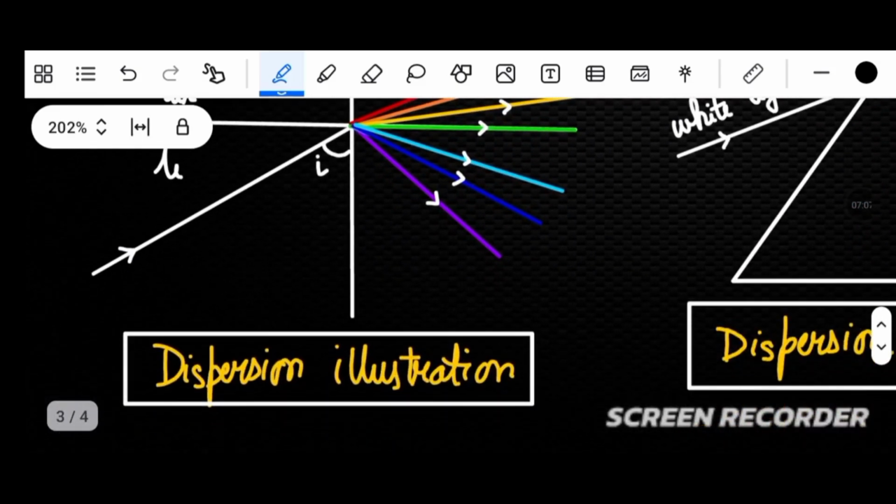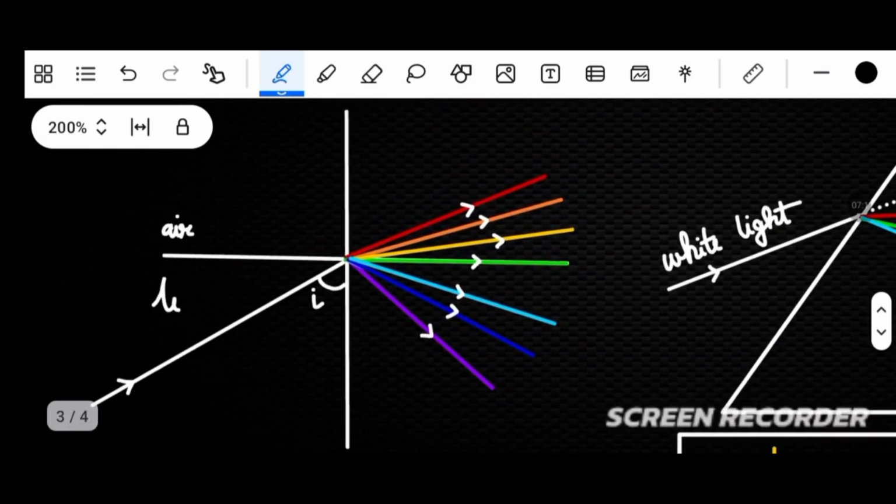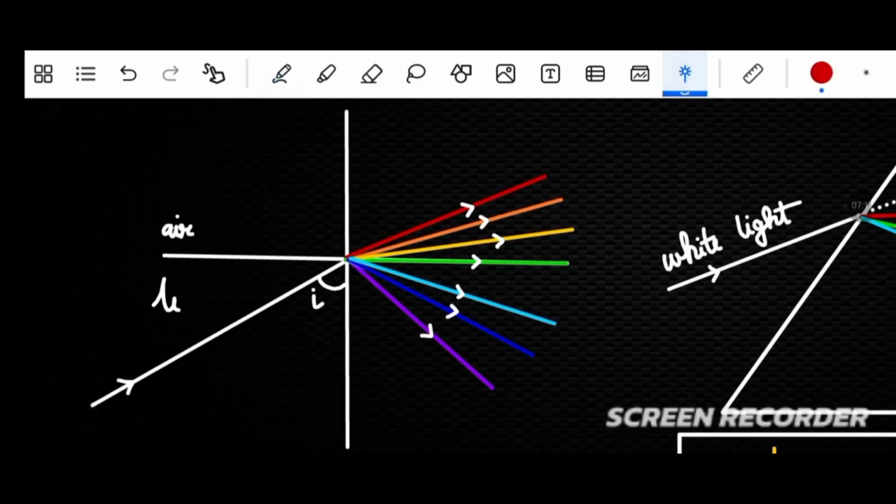Now let's see this dispersion illustration, which I already showed you in the experiment. This is air and this is medium, and in this case the green light is almost at the point where the critical angle is, I mean the main ray is incident at a critical angle.